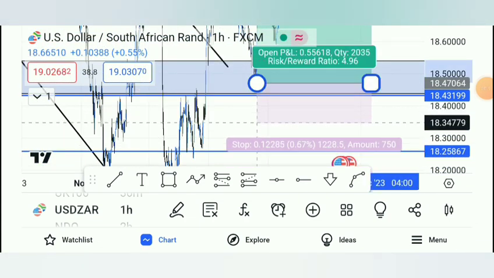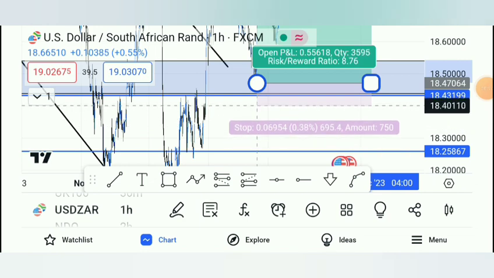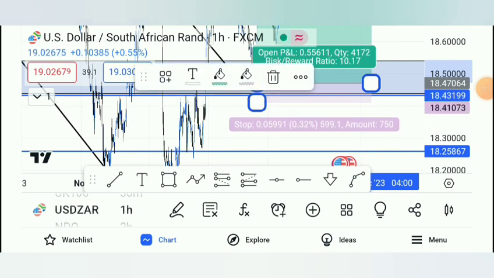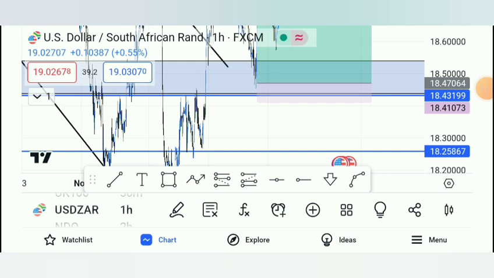So this was my stop loss, and let me tell you why. Most of the traders on YouTube, when they are doing a setup, don't show you how to put your stop loss correctly. Let me explain why I put my stop loss below this zone.